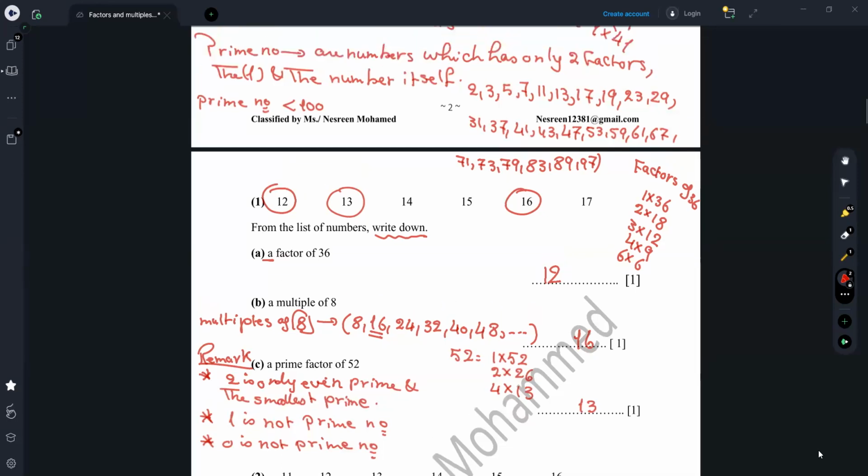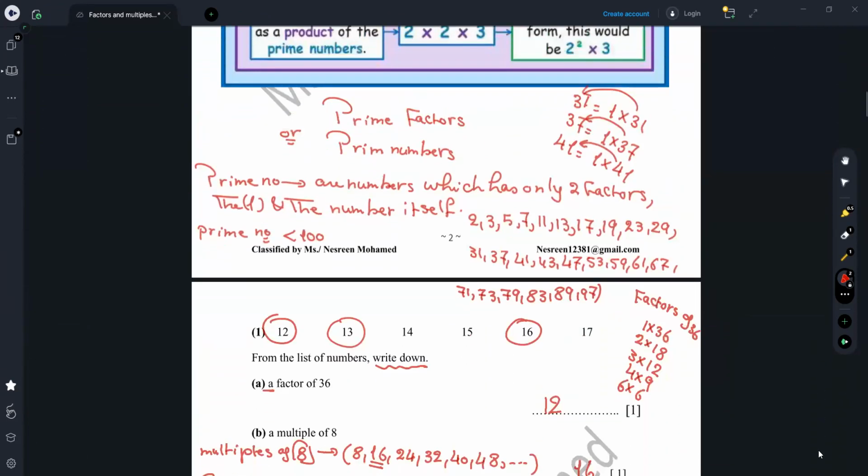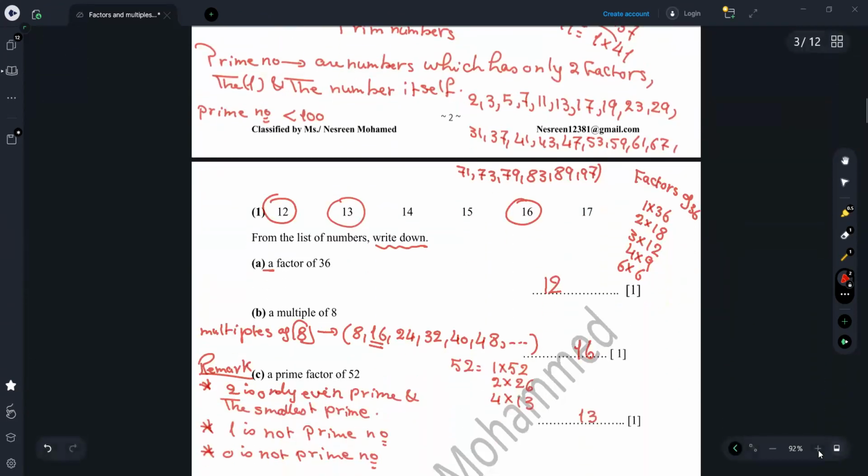Okay, so here we talked about 3 items. The first item is the factors. When I'm asking you what are the factors of 36, you put the factors of 36. And then what is a multiple of 8? You list the numbers in table 8, the products in table 8. Then we talk about the prime numbers.